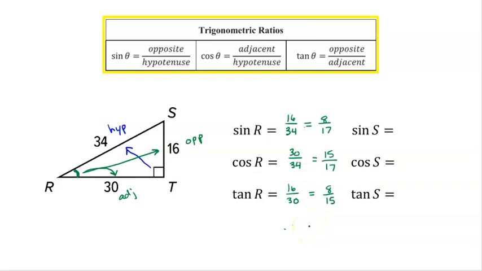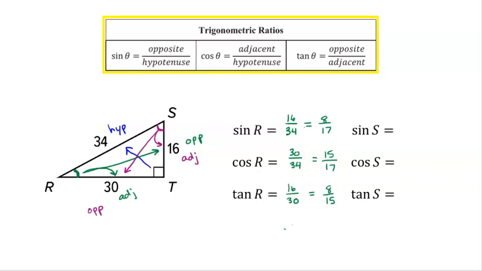Okay, now let's try with the sine of S. Now we're talking about angle S. The hypotenuse is still going to be the same, but now our opposite side is that 30, and our adjacent side is now 16.